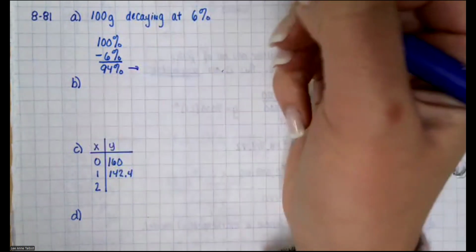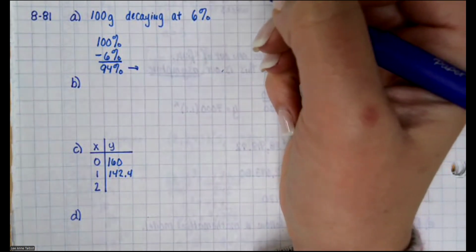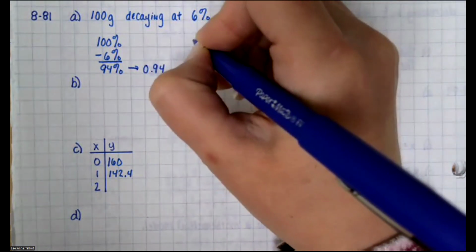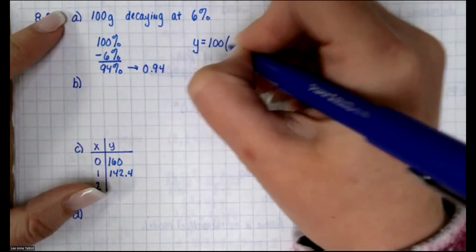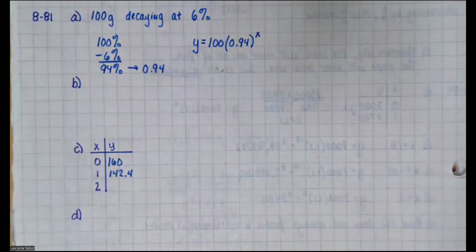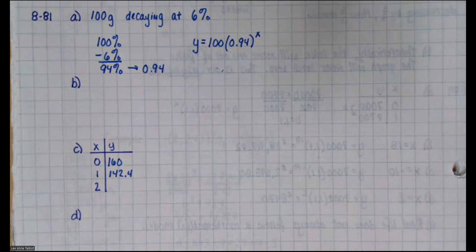And what's 94% as a decimal? 0.94. Beautiful. So what is my equation then? Y equals 100 times 0.94 to the x. Just the equation. We're not going to actually find anything. That's it for that one.